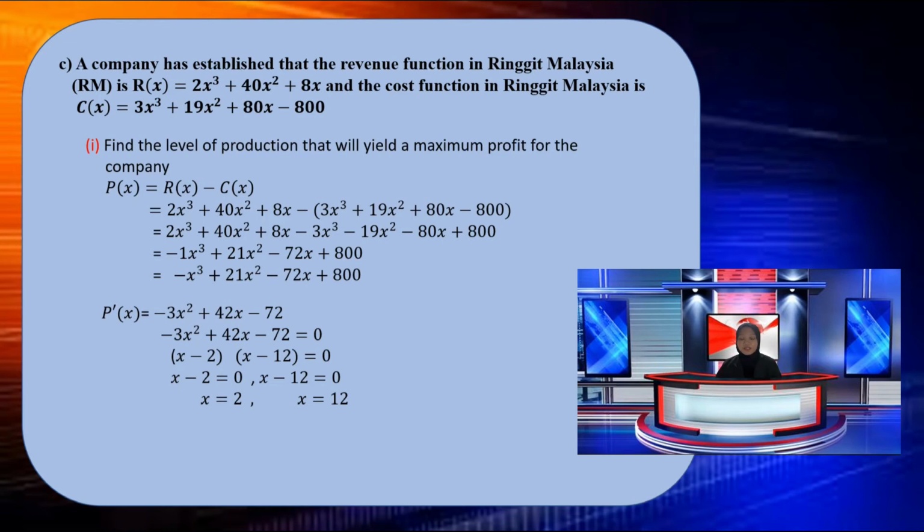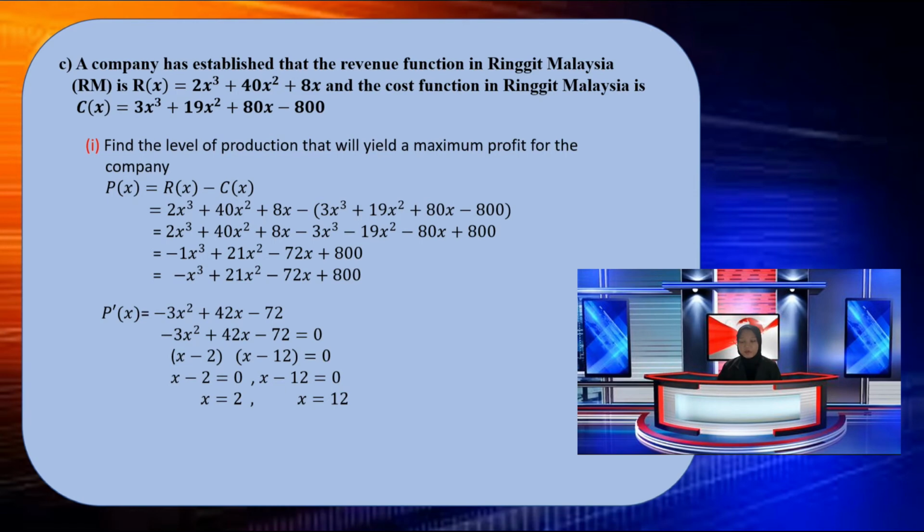First, find the level of production that will yield a maximum profit for the company. To find the maximum profit, firstly, we must set the profit function equal to the revenue function minus the cost function. So lastly, we get negative x cubed plus 21x squared minus 72x plus 800.